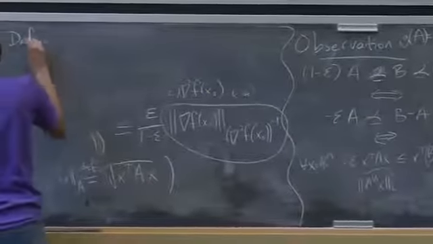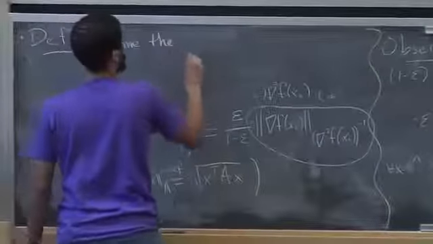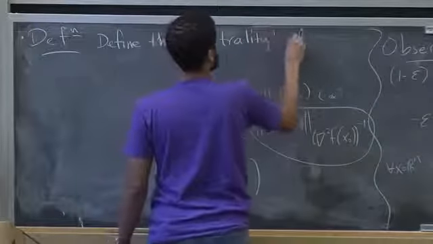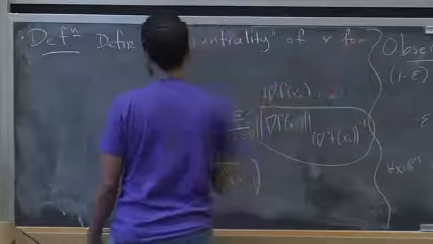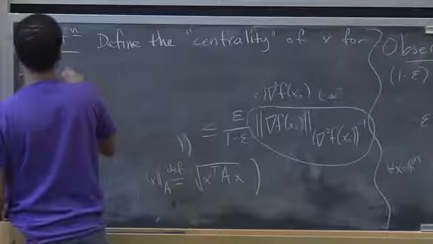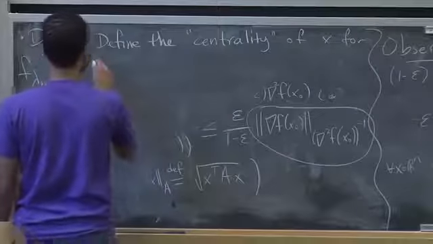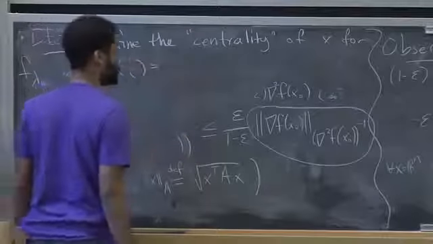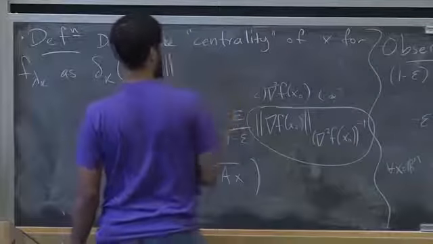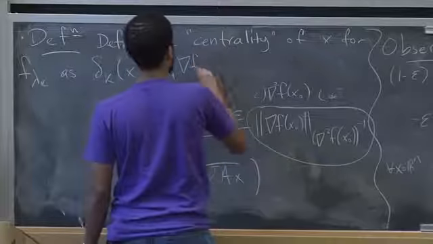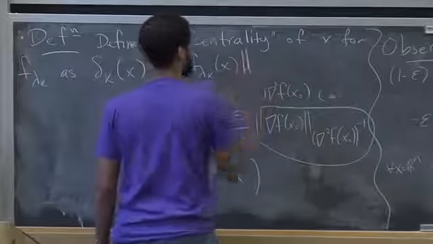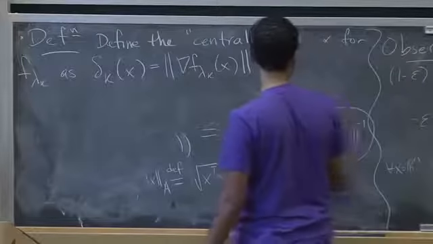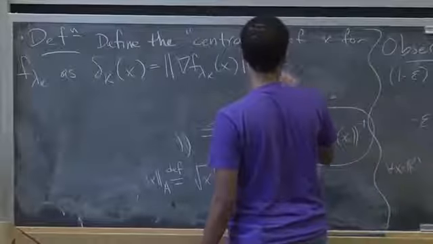We're going to define the centrality of x for f sub lambda k as: delta sub k of x is the gradient of f sub lambda k at x under the norm specified by the Hessian inverse at x.